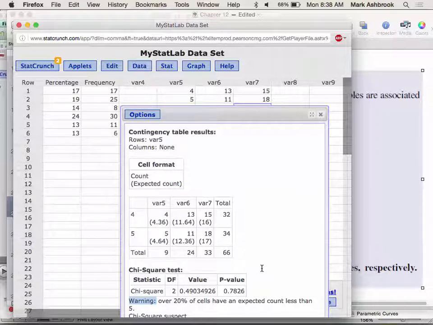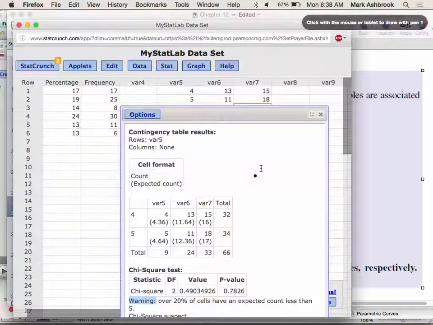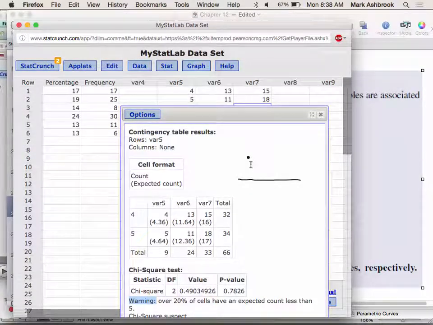What did you get for a critical value? 9.210. All right, so here's the deal. Because the critical value and the test statistic are so far apart, it's probably okay that we've got two cells that are less than 5.